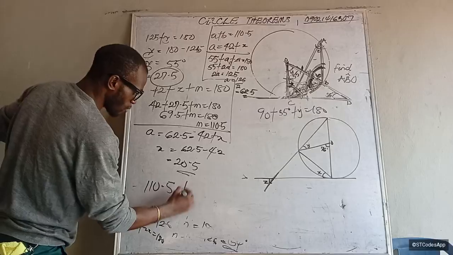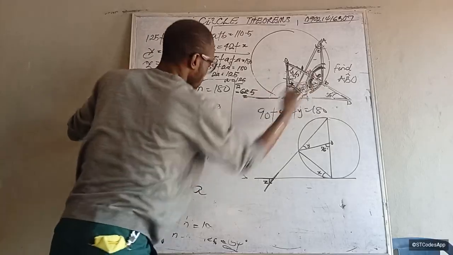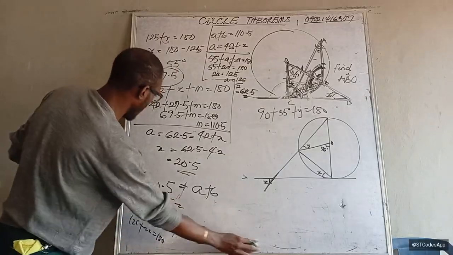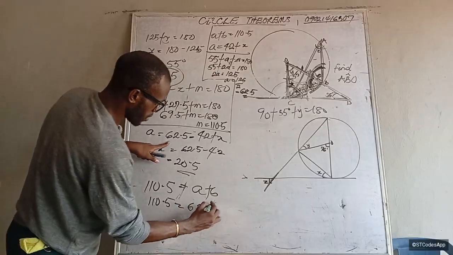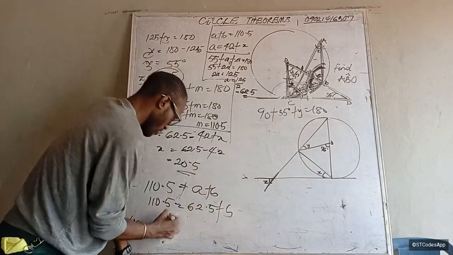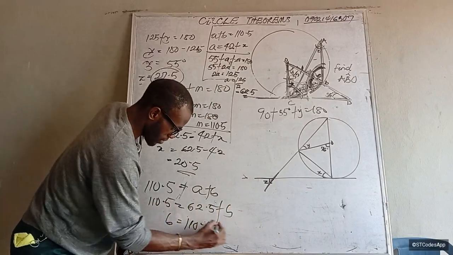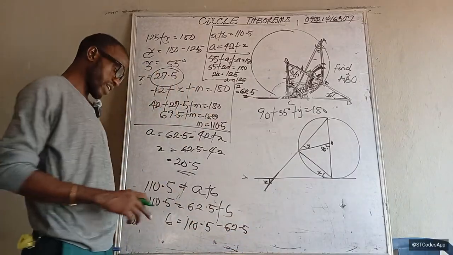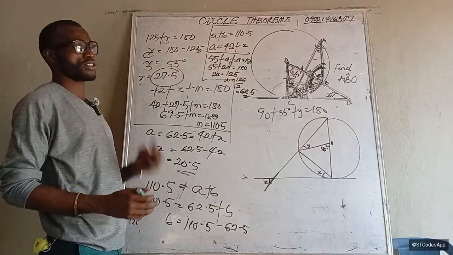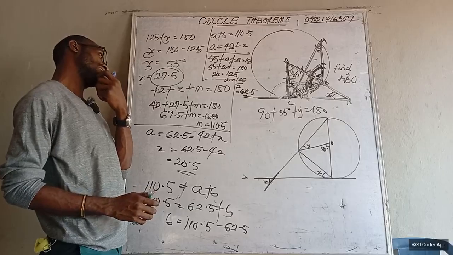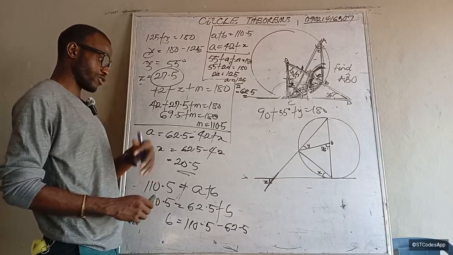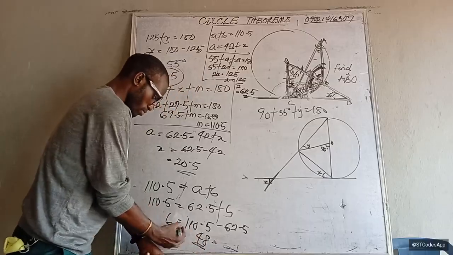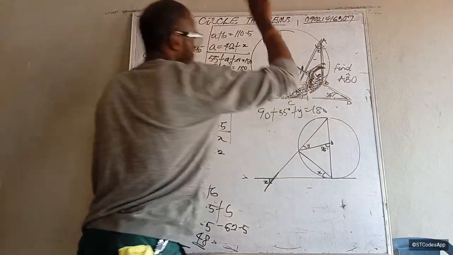So 110.5 is equal to this A plus this B. And we got A to be 62.5, plus B. So B will be equal to 110.5 minus 62.5. 0.5 will cancel 0.5, that is 0. 110 minus 62 is 48. So the answer is 48. B is 48. So this place is 48.